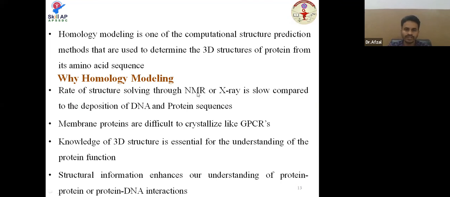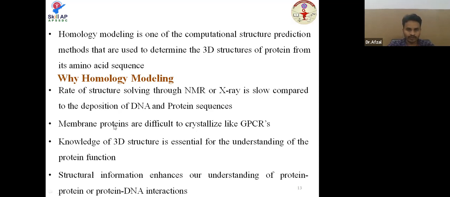If you want to determine the structure of a protein by using NMR and X-ray crystallographic techniques, it requires a lot of time. But homology modeling will save that time. And membrane proteins are difficult to crystallize. As I said previously, it is not an easy case.